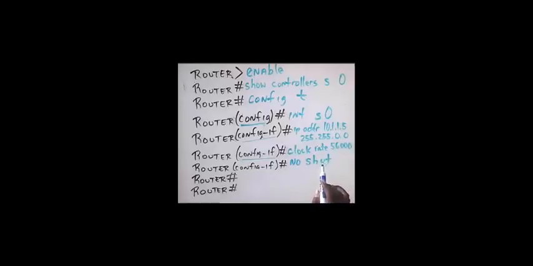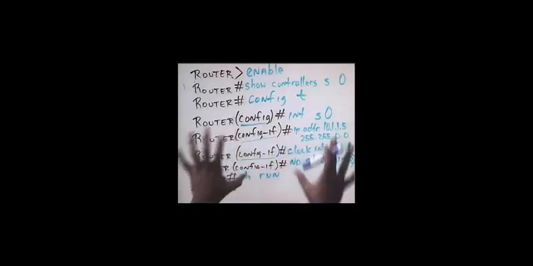And then I could issue the Control Z, or I could type in end, which would put me back at the privilege mode prompt here. So let's just assume we did Control Z right here. Control Z. That puts us back at the privilege mode prompt, at which point I can issue a show run command to see my configuration.